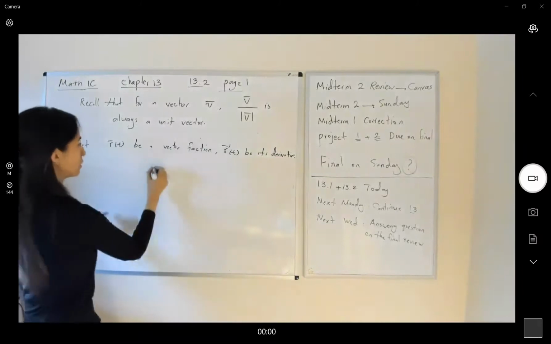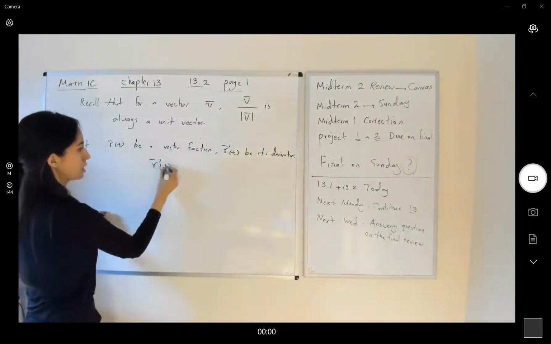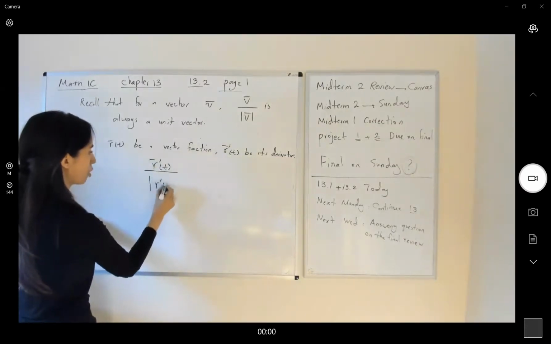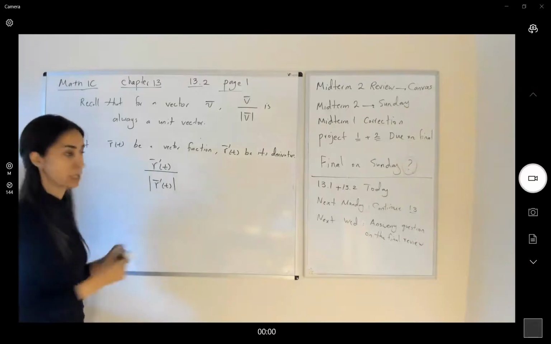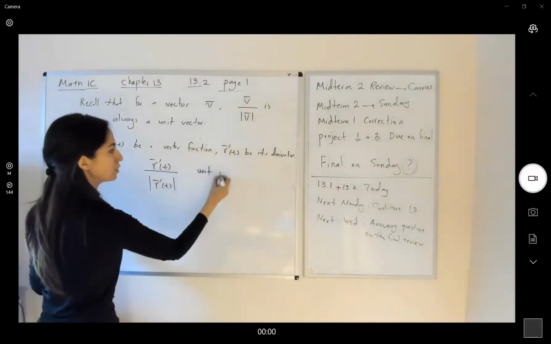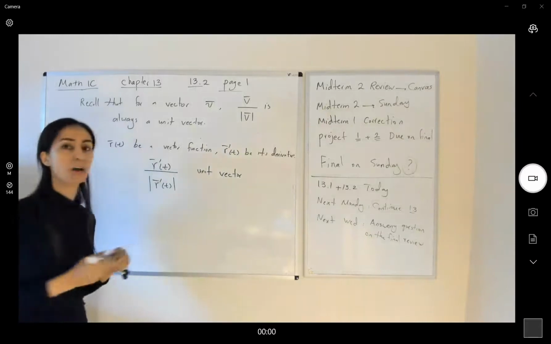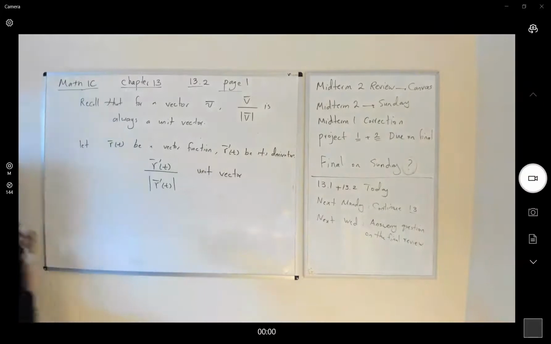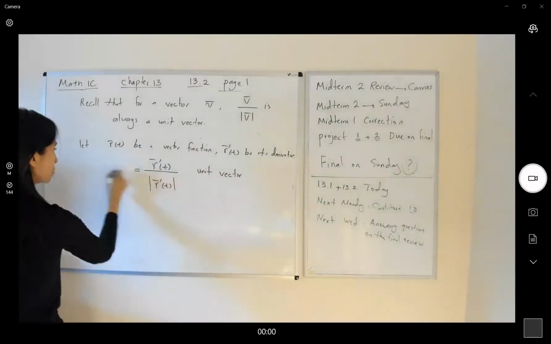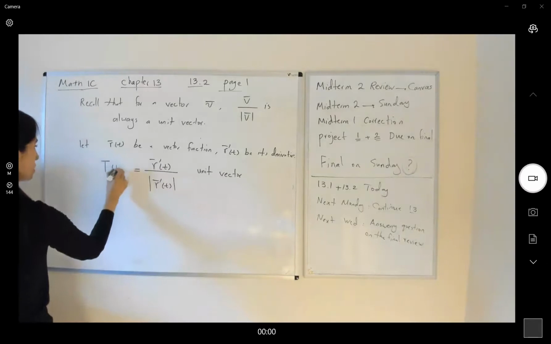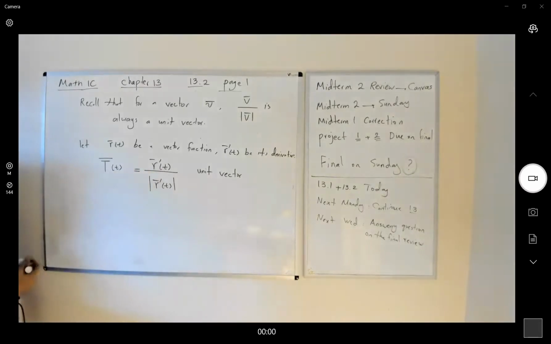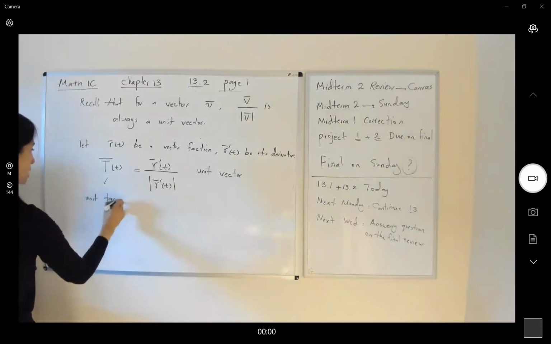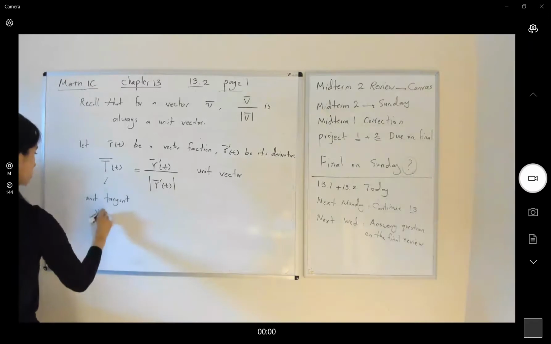We take the derivative r'(t) and divide it by its magnitude, the magnitude of r'(t). This is definitely a unit vector, and we call it a tangent vector, which is unique. The notation that we use is T. T is a vector, and this is called a unit tangent vector.